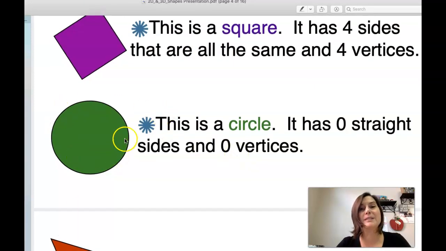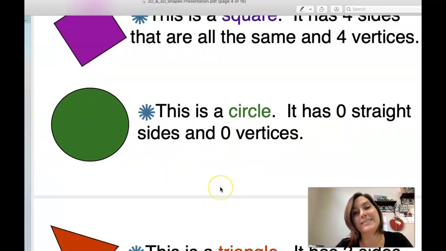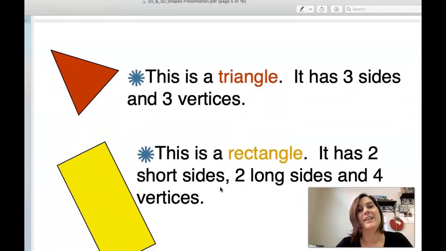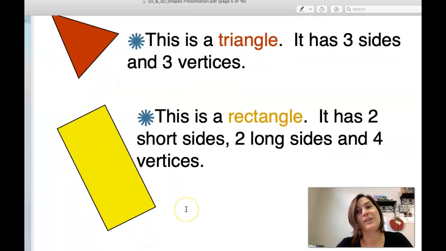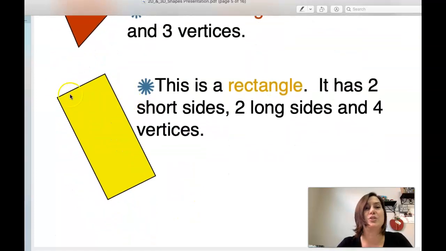Now, the green shape is a circle, and it doesn't have any straight sides, so 0 straight sides and 0 vertices. This is a triangle. It has 3 sides and 3 vertices. We already talked about our rectangle, how it has 2 short sides and 2 long sides.